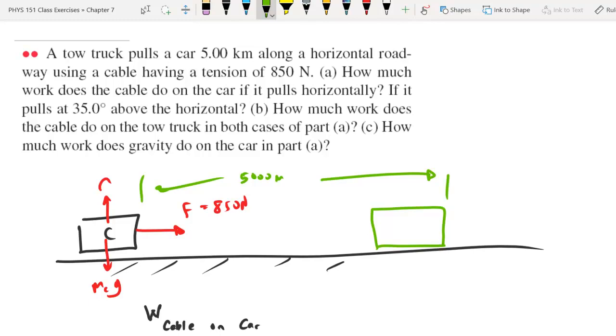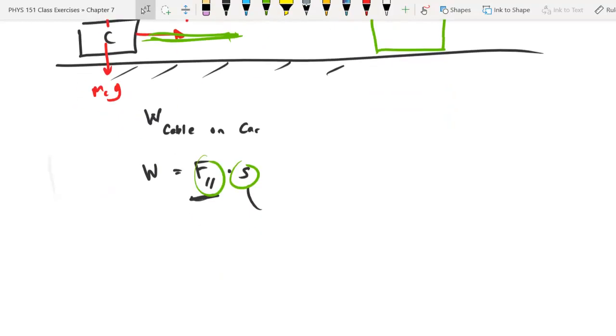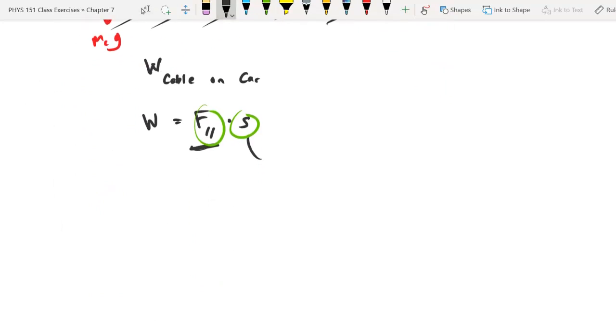Well, the displacement is off to the right. If I set up a coordinate system here, positive x, positive y, my displacement is off to the right, my force is off to the right. They're in the same direction. And so when the truck pulls horizontally, this is pretty straightforward.